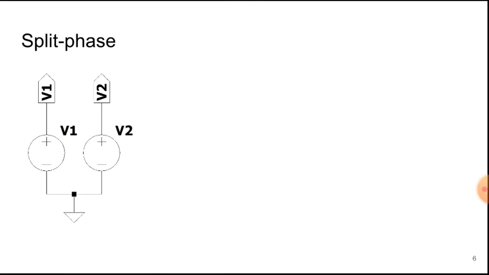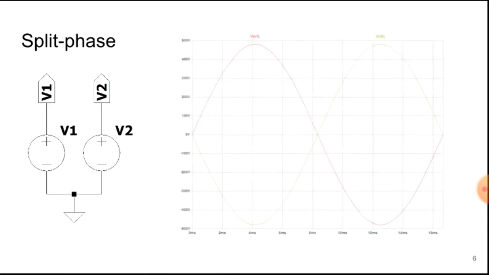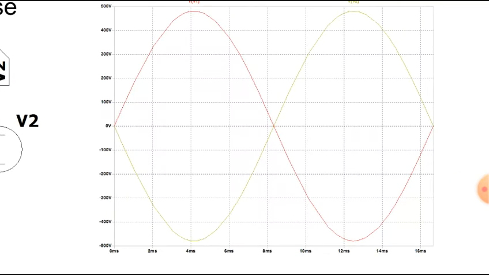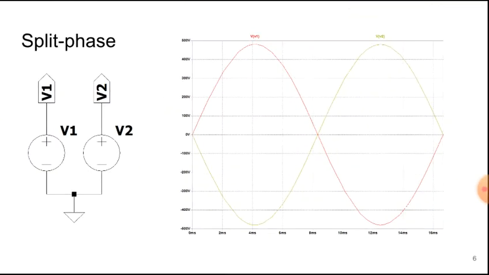If two phases are out of phase by 180 degrees, we don't call it two phase, but we call it split phase. It still has two phase voltages, but this time they are out of phase by 180 degrees. Two phase is different, it's a special case. They are out of phase by 90 degrees.